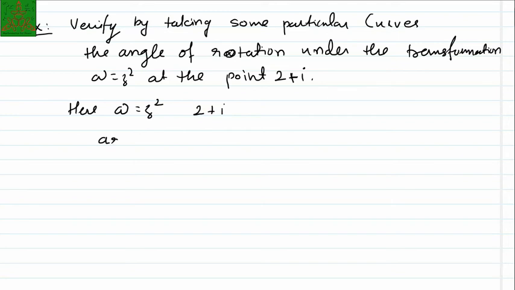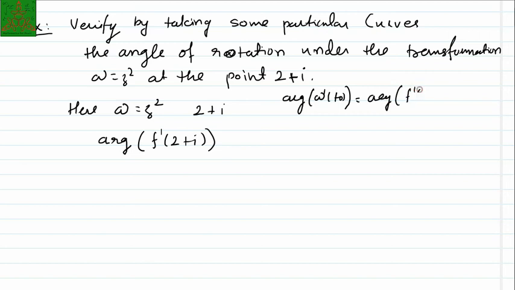The argument of w dash of t0 is equal to the argument of f dash of z0 plus the argument of z dash of t0. This is the angle of rotation, and that is our objective: to calculate and verify.